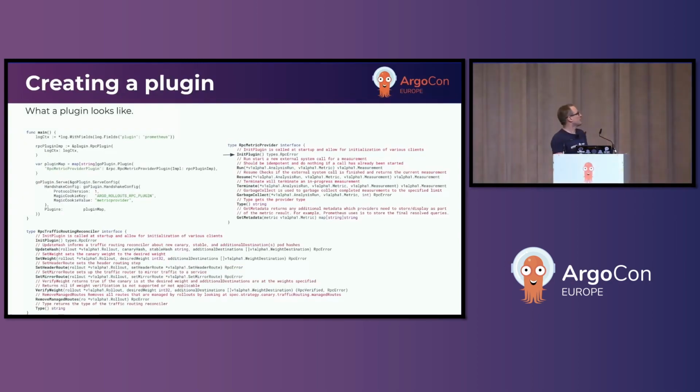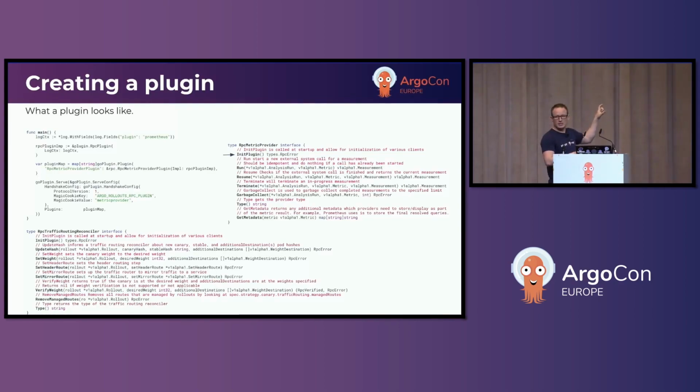Let's take a quick high-level overview of what a plugin consists of. They're pretty simple. You have your main executable program, and all that's going to do is call a function from the Go HashiCorp library that starts it up as a server. And then you'll see that there are two interfaces here, one for metric providers and one for traffic routers.